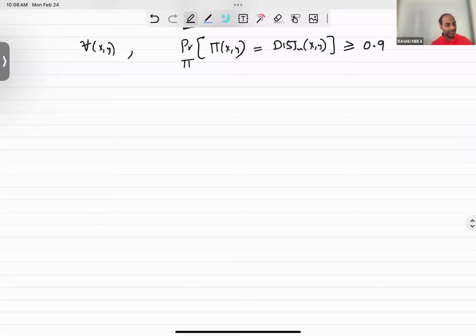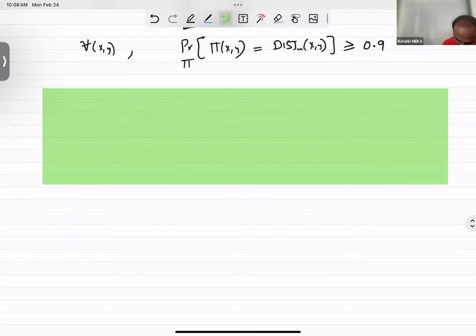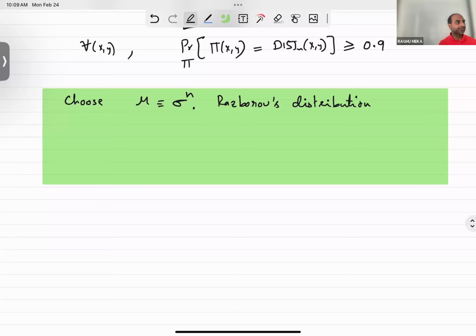And now we're going to do two things. Choose mu to be sigma to the n. So we have the specific distribution which we are going to use for our measurement of information complexity.